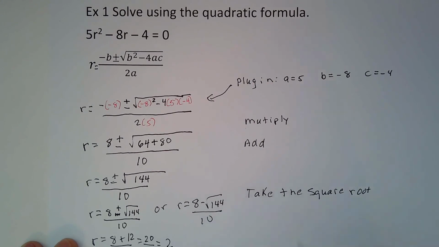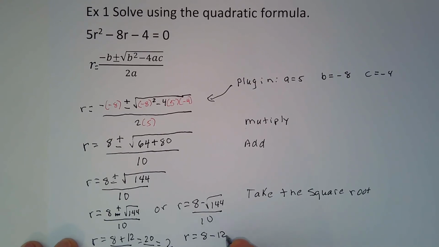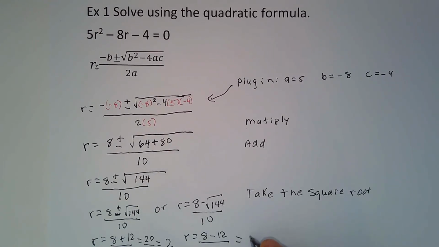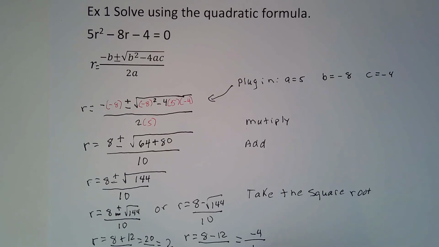Okay. And then you got over here the same thing. Square root of 144 is 12. So you've got, in this case, r equals 8 minus 12 divided by 10, which equals, 8 minus 12 is negative 4 divided by 10. And you can simplify that to negative 2 over 5.